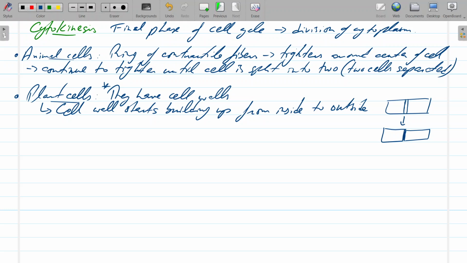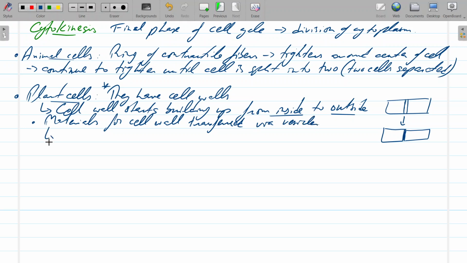Right, and also in the case of plant cells, the materials for the cell wall are obviously transferred via vesicles because it's going from the inside to the outside. So materials for cell wall transferred via vesicles.